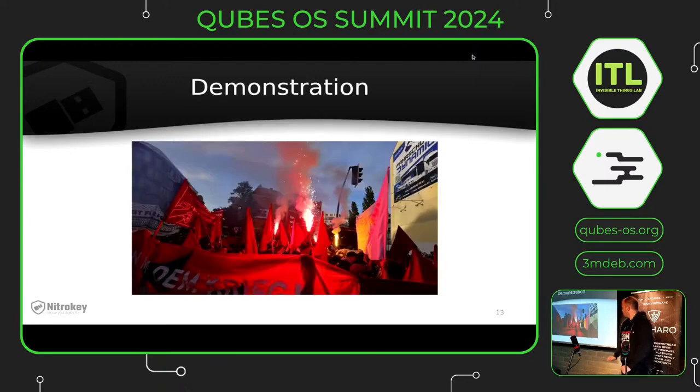So now it's time for demonstration. What I will demonstrate now is basically the whole split LUKS. Maybe this is really not the best name, but this whole setup. So I will use a special template to create a qube, then initially start it, and then we will see how this initial start goes.